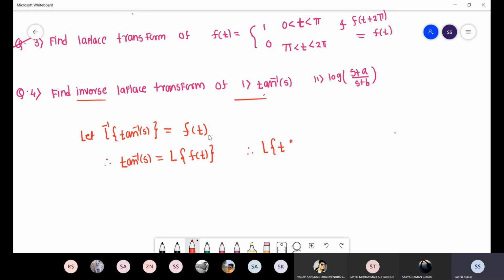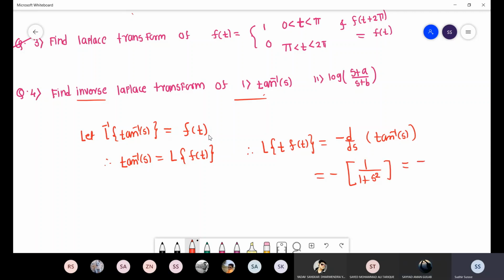So therefore the Laplace transform of t f of t is nothing but minus times the derivative. The multiplication by t property tells us that we have to take minus times the derivative of this tan inverse s. And this is equal to minus, what is the derivative of tan inverse s? It is 1 upon 1 plus s square.